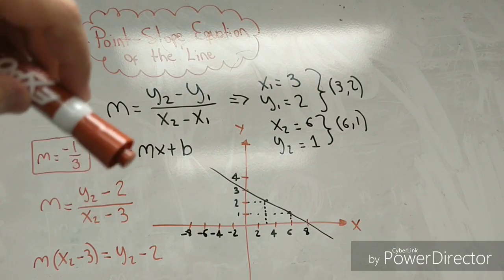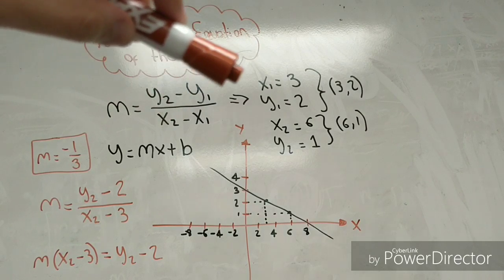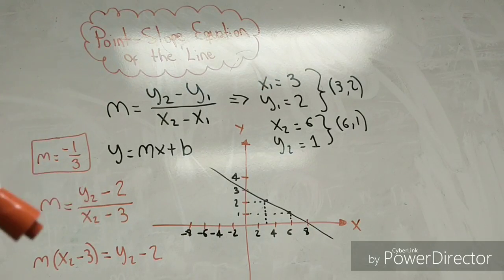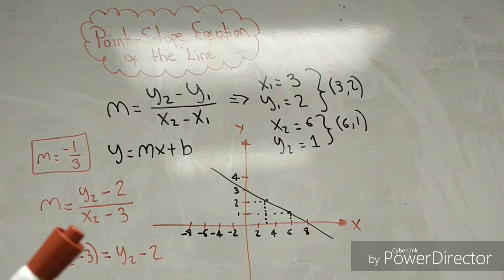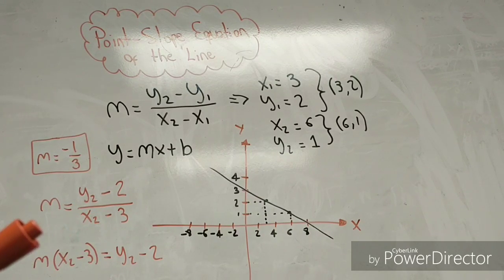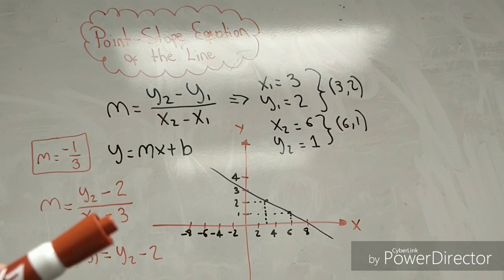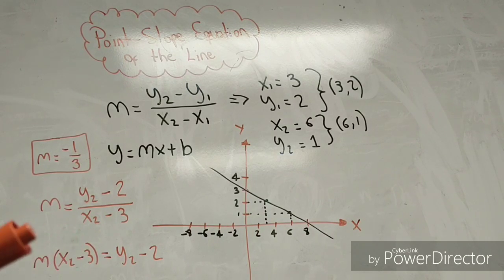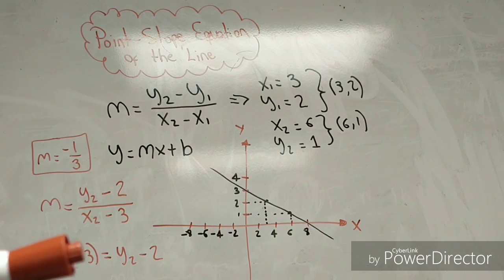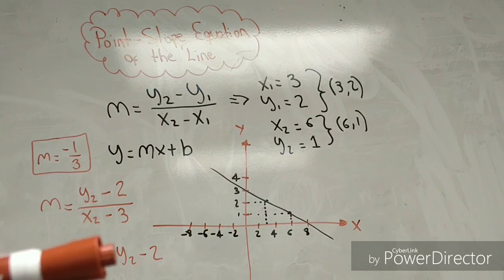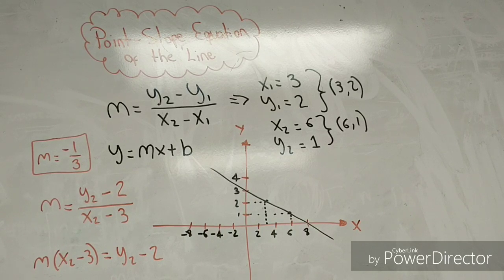And then x2 minus 3, because x1 is 3. If we put this x2 minus 3 on the left side, to multiply here, then m multiplied times x2 minus 3 would be equal to y2 minus 2.